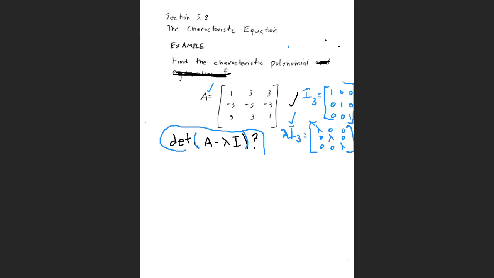What do we have to do with those two matrices? Before we compute the determinant, that's right, David, we have to subtract lambda times the identity from the matrix A. Okay, and then we can compute the determinant.